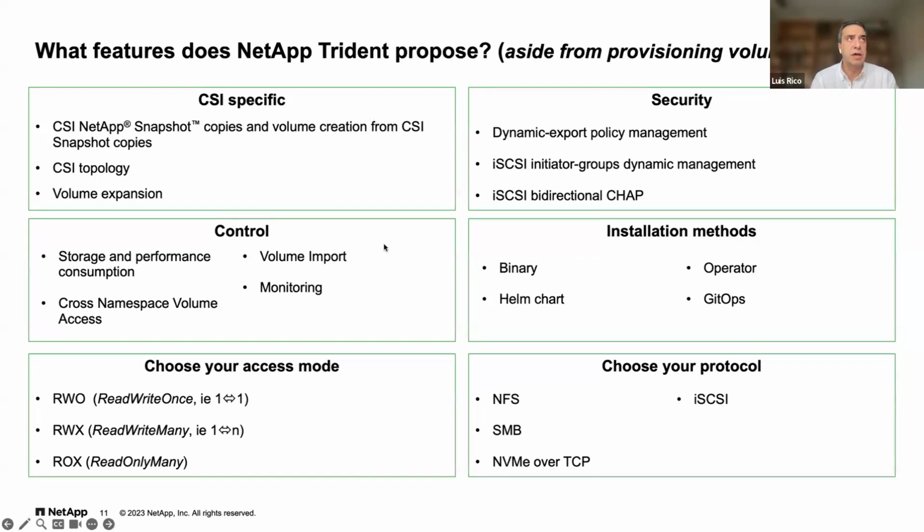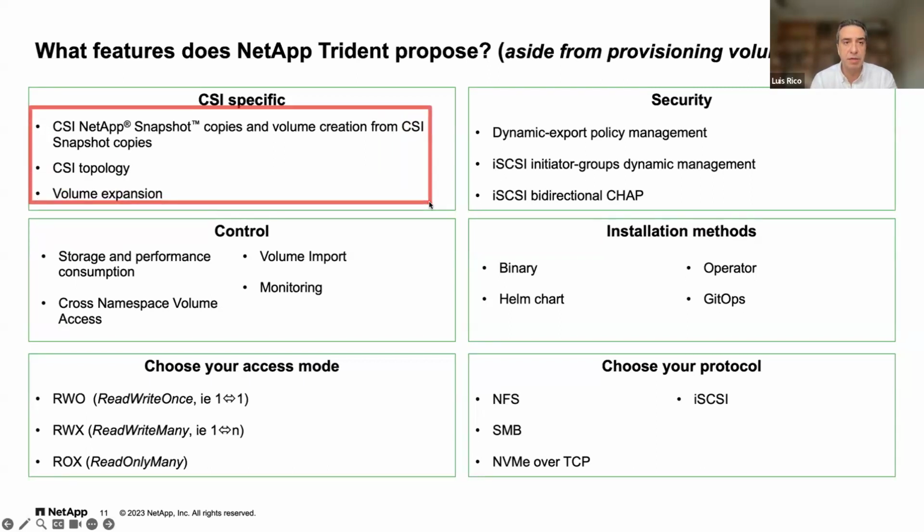About the CSI-specific things, we have been providing snapshots from the very beginning. The CSI snapshots are based on our famous snapshots, which are efficient, quick, and don't impact the production volumes.